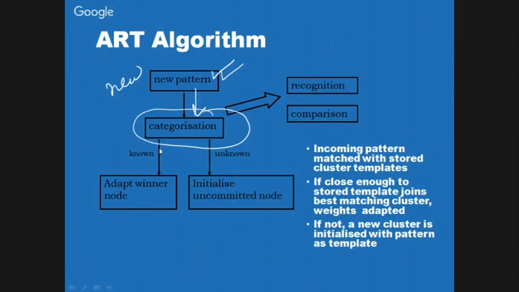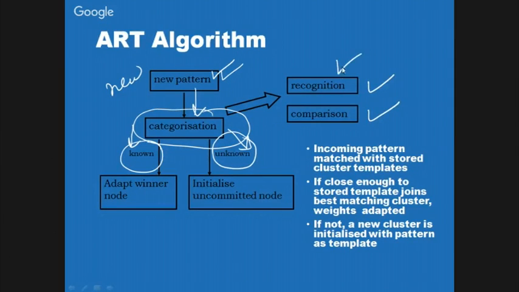Whether it belongs to a known cluster or to an unknown cluster. That means whether it belongs to an existing cluster, or it doesn't belong to any existing cluster, then you have to make a new cluster. So it is telling that categorization is: is it known, or is it unknown?